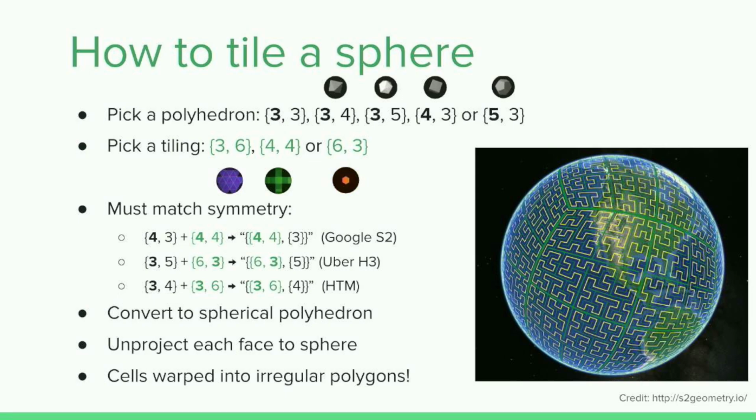But the important thing, and this for me was maybe not an aha moment, but an interesting observation, is that when you do this projection, then regular polygons that you started with get warped, they get squashed. And you can see this on the S2 image here, that these cells no longer look like the squares they started out being. So even though you start with regular polygons, you actually end up with irregular polygons on the sphere. There's just no getting around that.